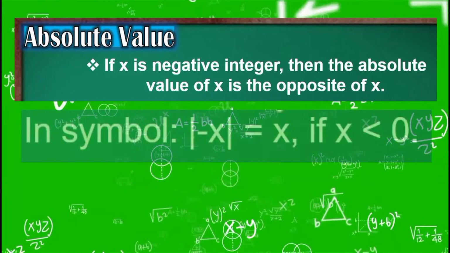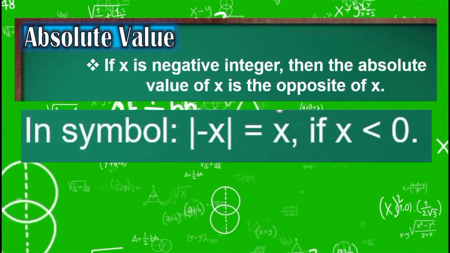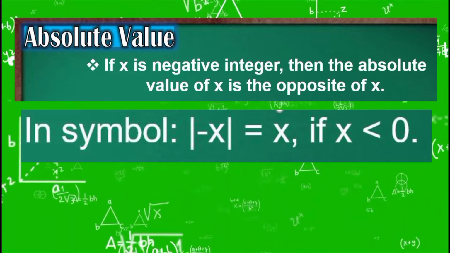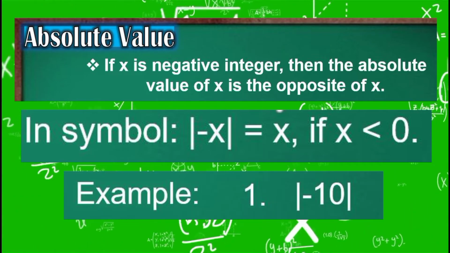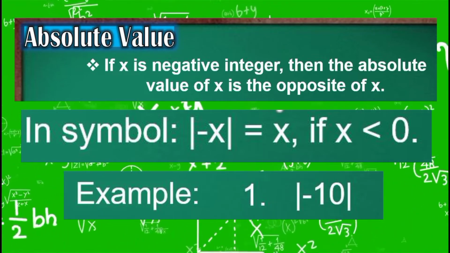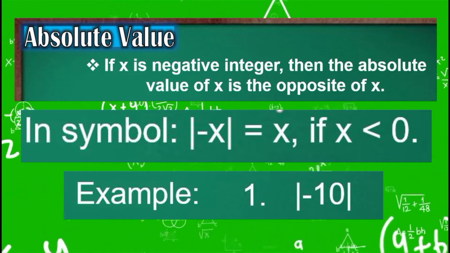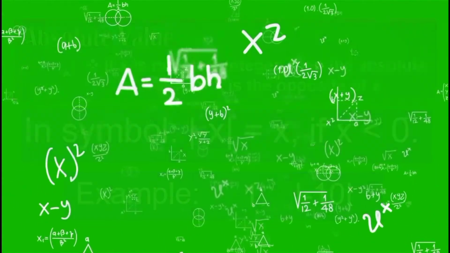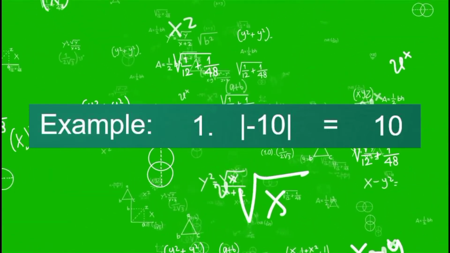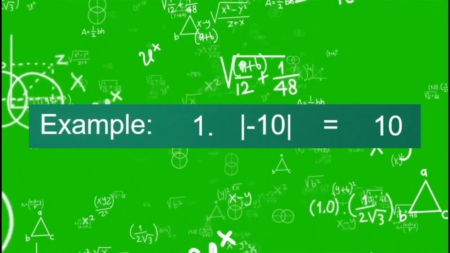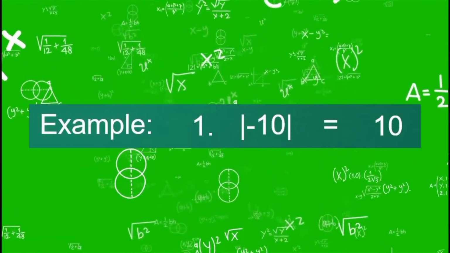Therefore, for any number less than 0, the absolute value is the opposite of the number. Example, find the absolute value of negative 10. Yes, correct! Since negative 10 is a negative integer, then its opposite is positive 10.